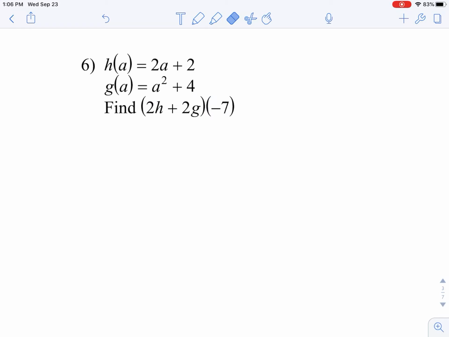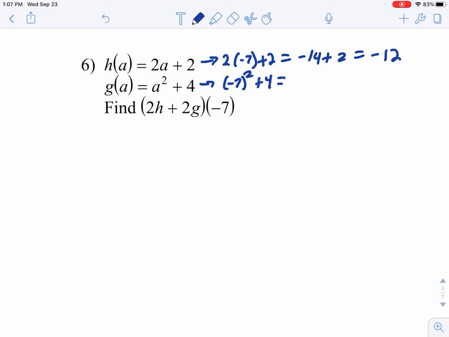Or plug in -7 first, which I think is better. 2 times -7 plus 2 is -14 plus 2, which is -12. And then the next one is going to be -7 squared plus 4, which is 49 plus 4, 53. Now we have to do 2 times -12 plus 2 times 53.